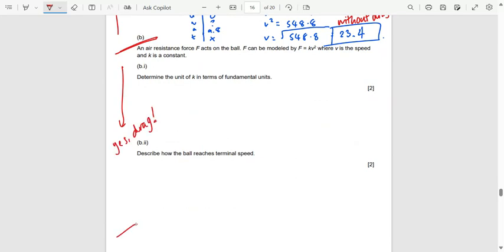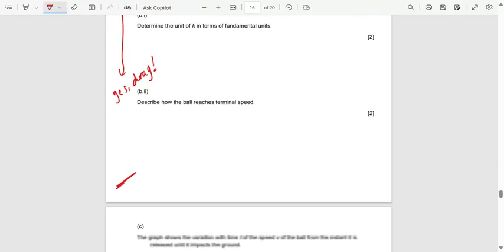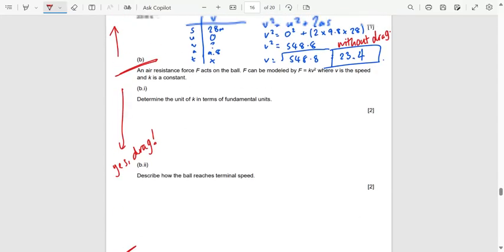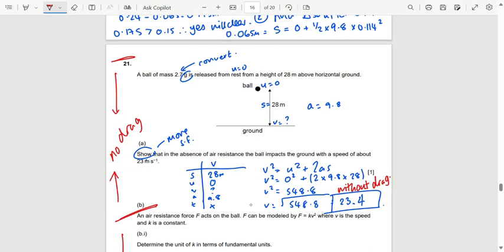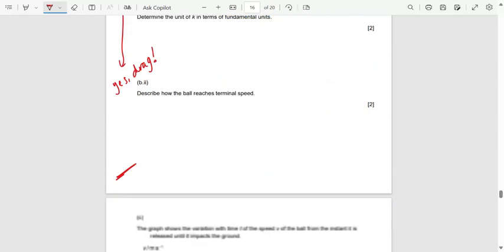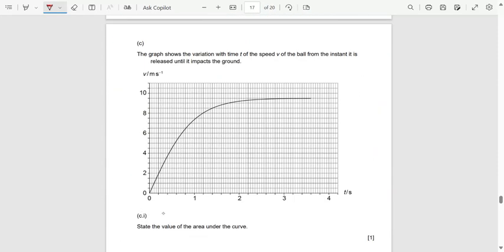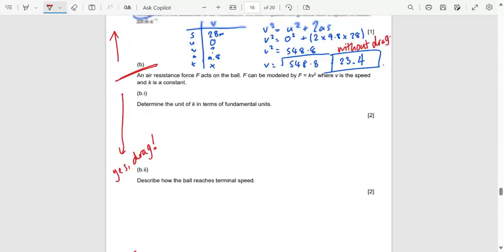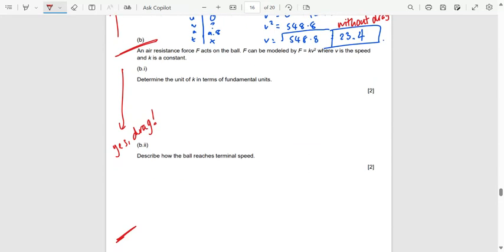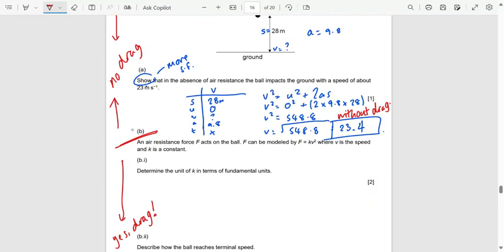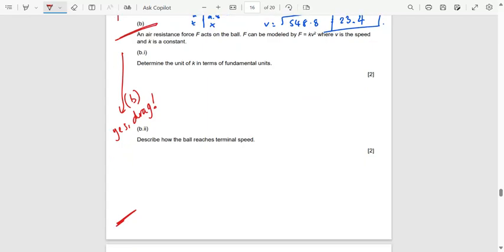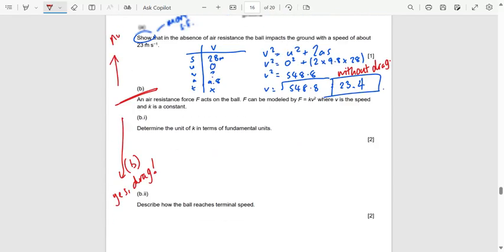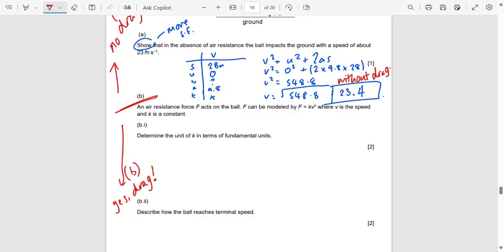I'm highlighting that for you because a number of people used the no drag part of this question for the drag part of the question. I'll come back to that in a minute, but just note that A is no drag, B now introduces drag, and C leads on from B. I'll show you why.